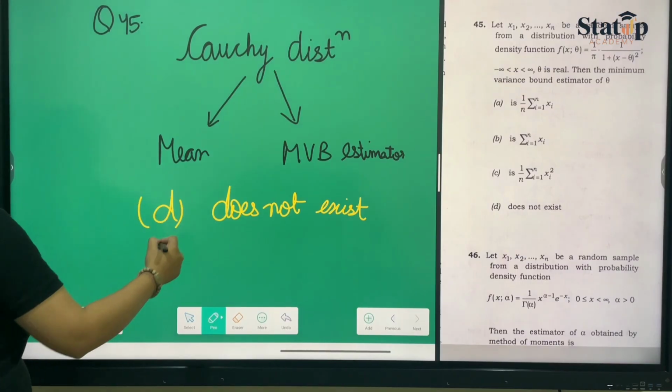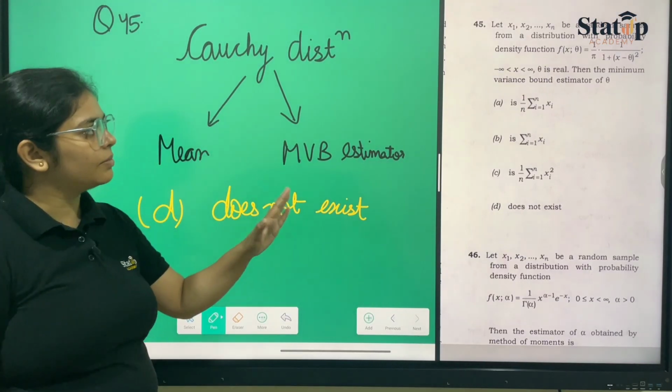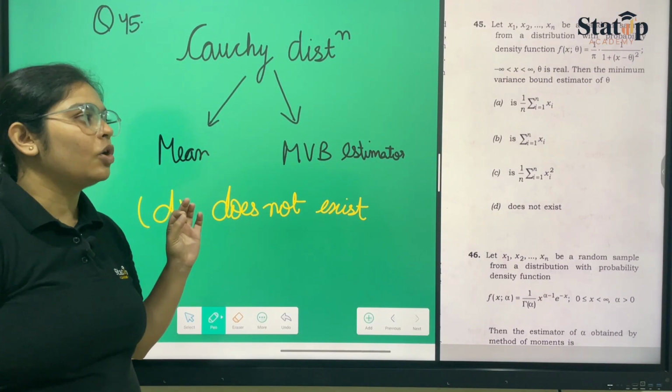Option number D. The mean and minimum variance bound estimator always don't exist for the Cauchy distribution.